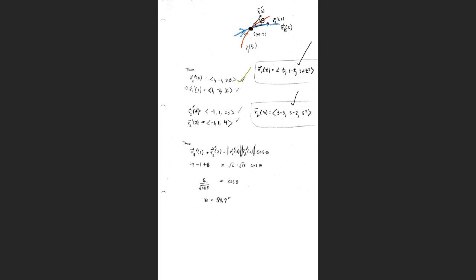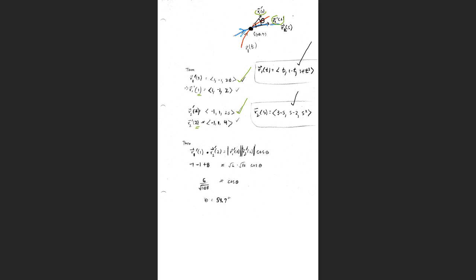Okay, as you see here, and then I put in the values for t equals 1 and s equals 2, and those are the tangent vectors that you see in our picture here, right? The two tangent vectors. Here and here.